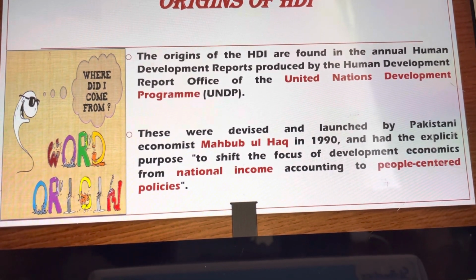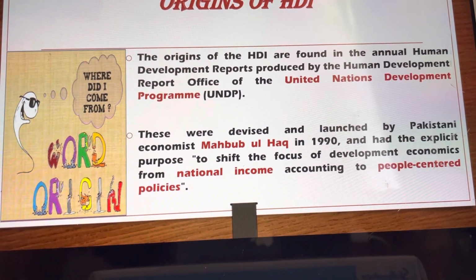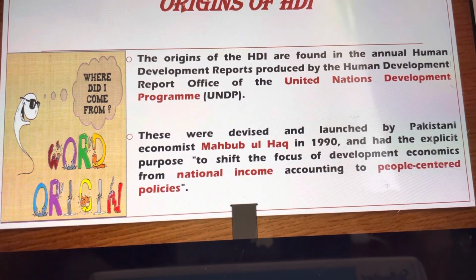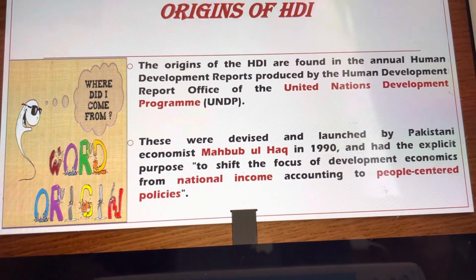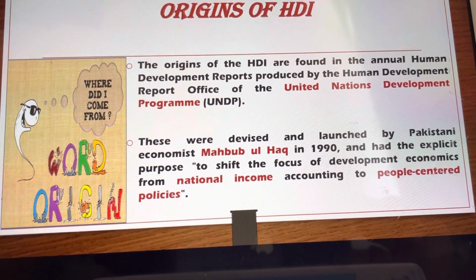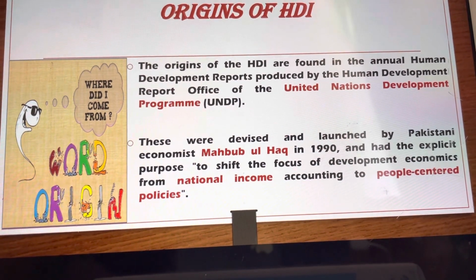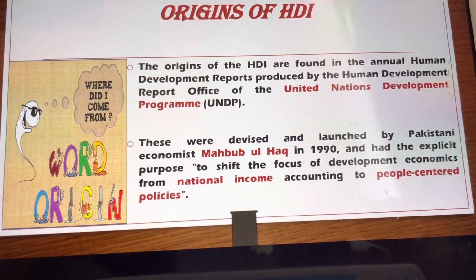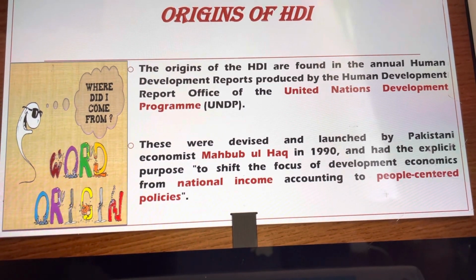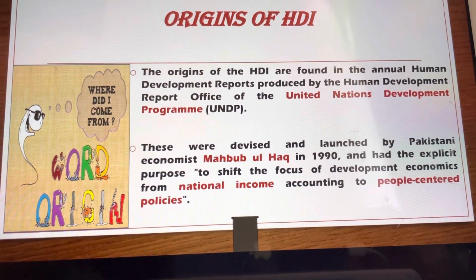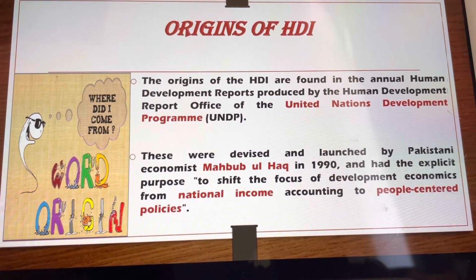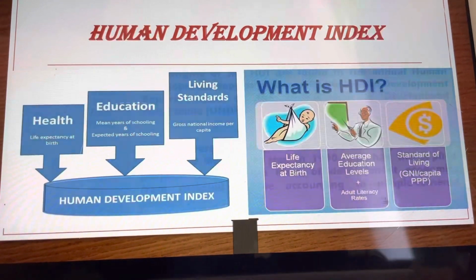So we can say that the basic purpose of HDI was to shift from the national accounting system to people-centered policy. So the policy must be made for the people, which can be helpful for the development of people, or development of human resources, or development of human capital.